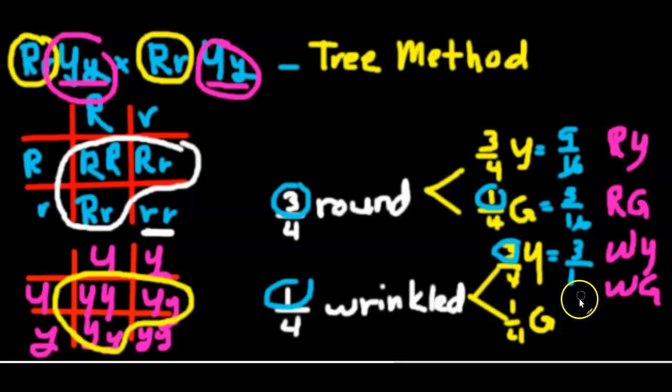That 16 is kind of funky. So only 1 out of 16 are going to be wrinkled and green.